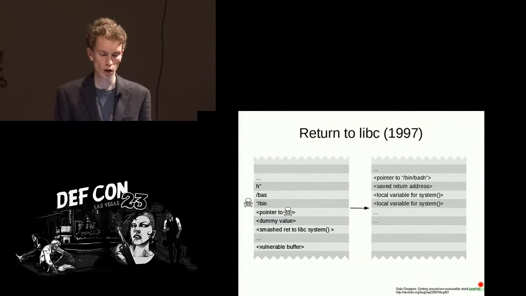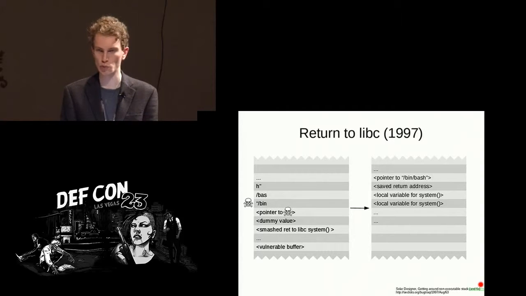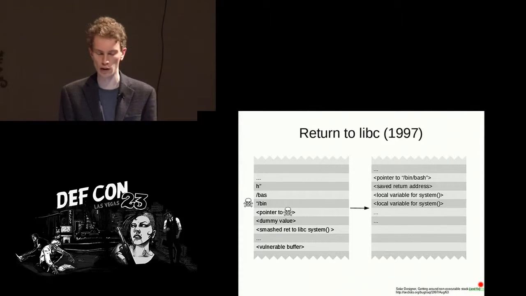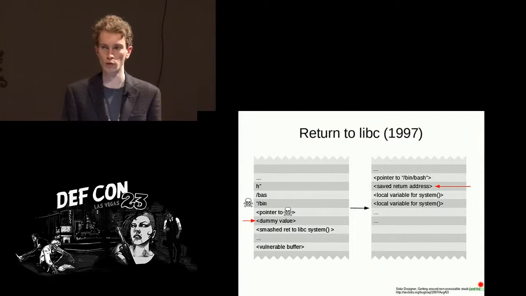It has some saved return address that we don't really care about while we're executing system. And we have a parameter, which is before the return address, which is a pointer to a string which says /bin/bash. And whatever other local variables we need to allocate as part of this process, it doesn't really matter from the attacker standpoint. So you can't actually execute more than one function with this exact approach, but it gives you an idea of how you can begin to do code reuse attacks.